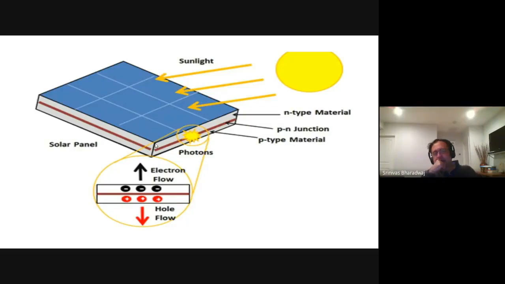Now, when light hits the N part, there is an electron flow from the N side and a hole flow from the P side.